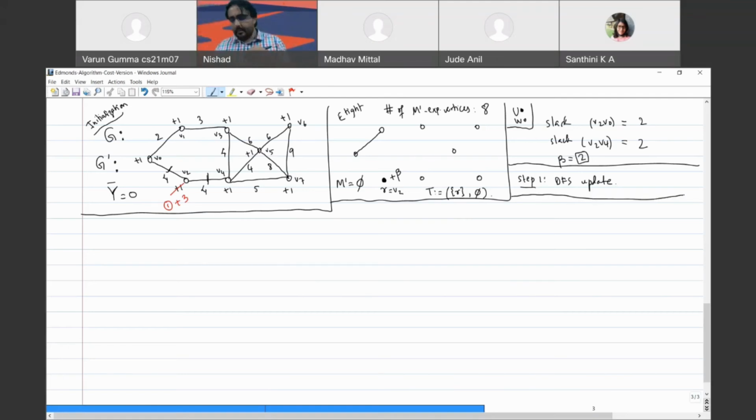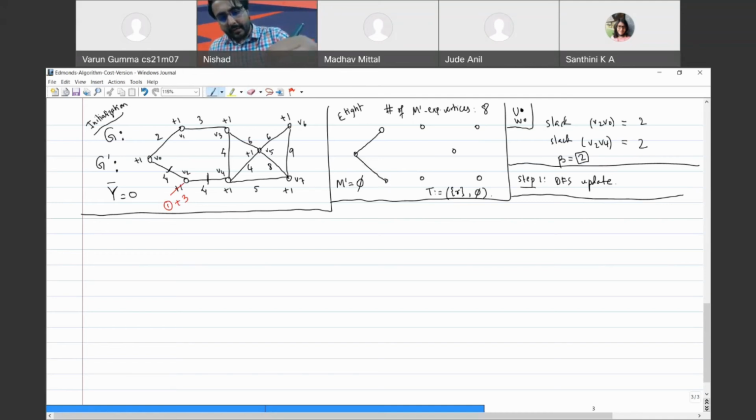And now this also changes the tight graph, right? So the tight graph is now going to be, yeah, I think it's fine. Don't need to make all the changes. So let me remove this beta here. And the tight graph is now going to be, both of these edges will become tight.